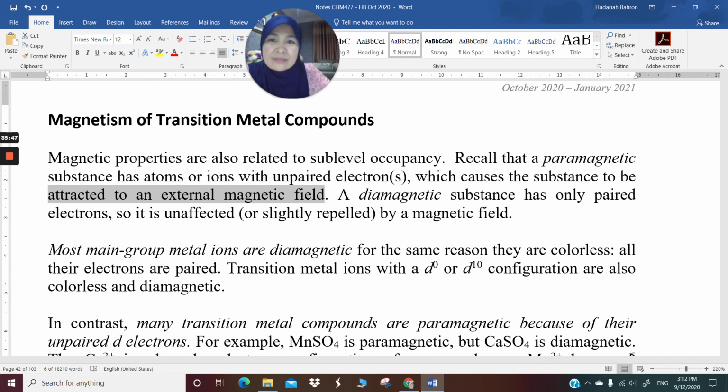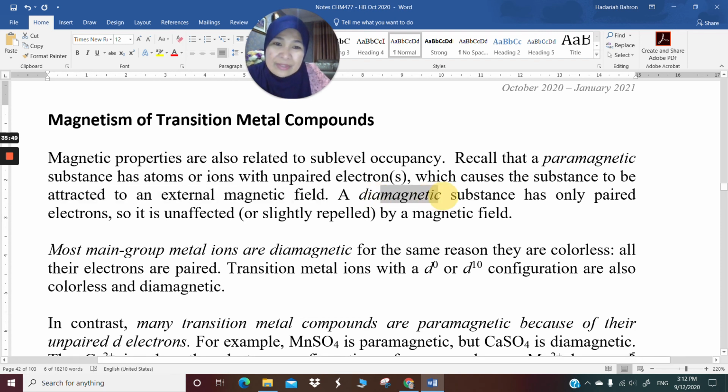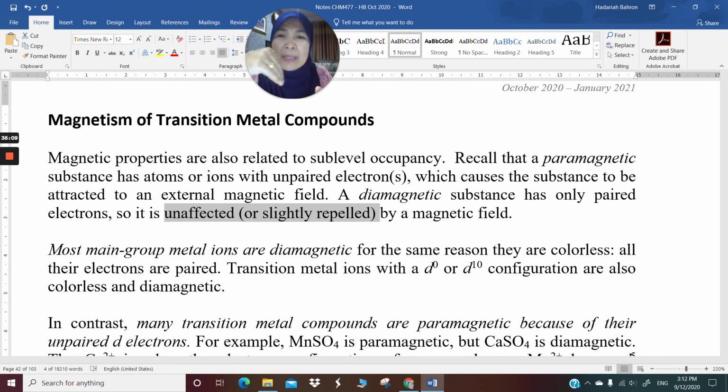Whereas diamagnetic substances, which do not have unpaired electrons, substances that have only paired electrons, are unaffected or slightly repelled by a magnetic field. So when you have a magnetic field going on and you put your diamagnetic substance, it will be repelled, pushed outside of the magnetic field, whereas the paramagnetic compounds will be pulled into the magnetic field.